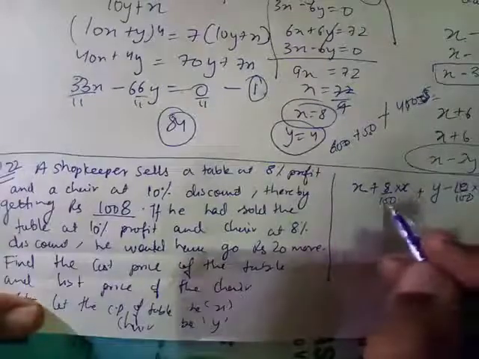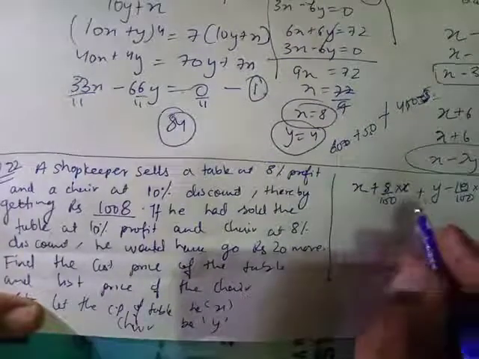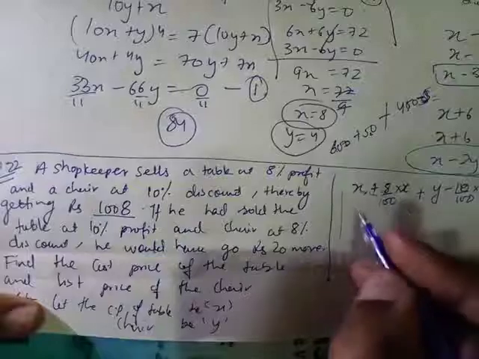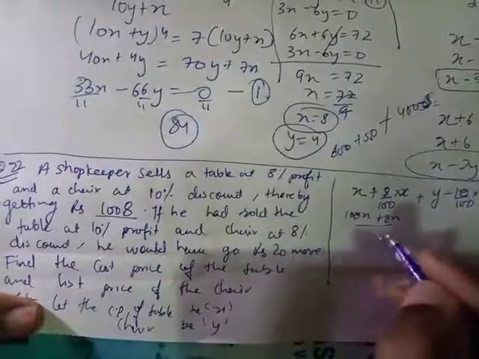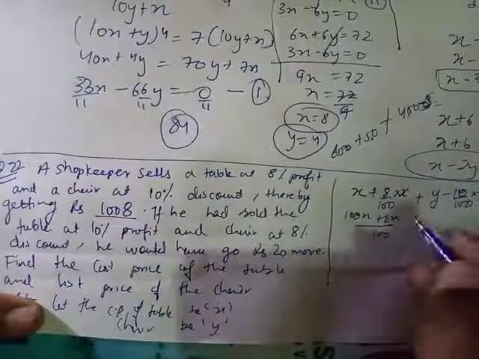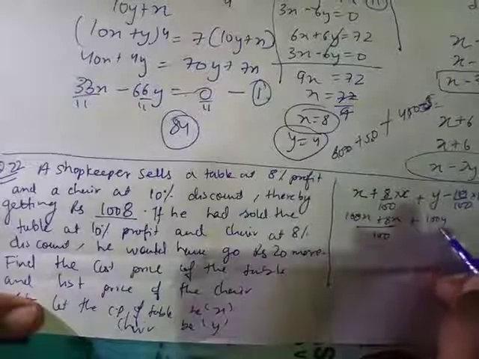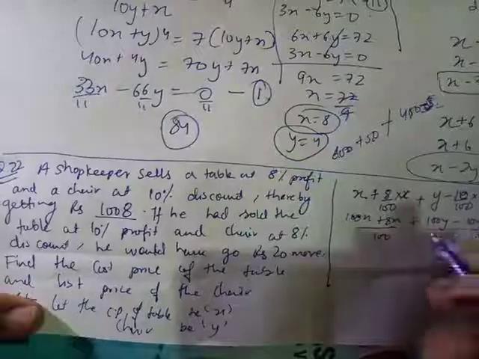So when you start solving this out, you'll find the LCM for both of them, and you'll get 100x plus 8x over 100, right, plus 100y minus 10y over 100.